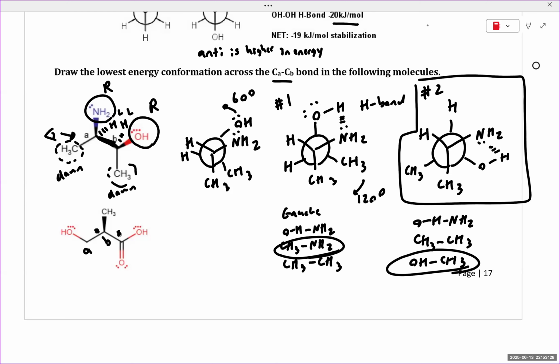Okay, so first and foremost, we're going to draw out the hydrogens. Next, we're going to draw out our front carbon. Everything with a wedge ends up on the right. Everything with a dash ends up on the left. The alcohol is pointing up. The carboxylic acid is pointing down.